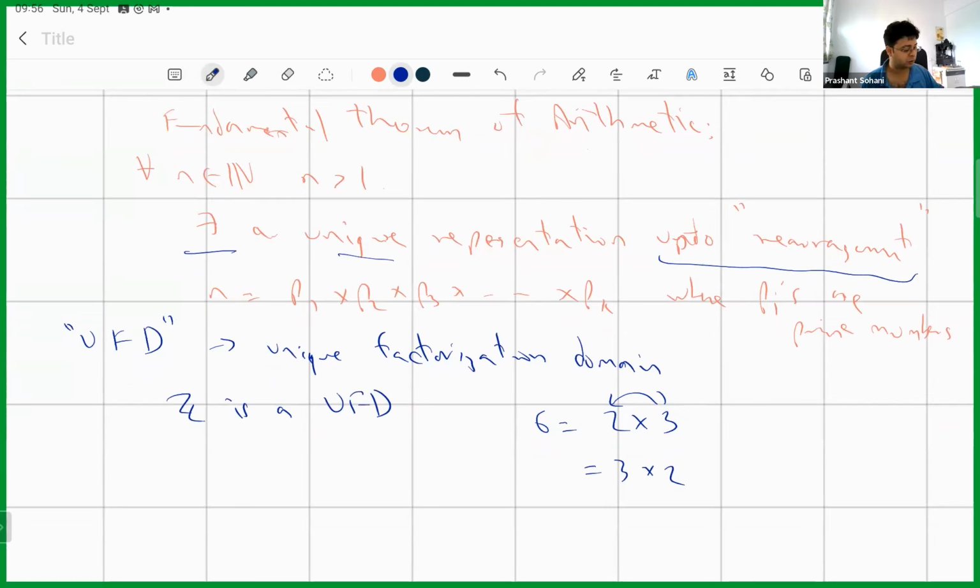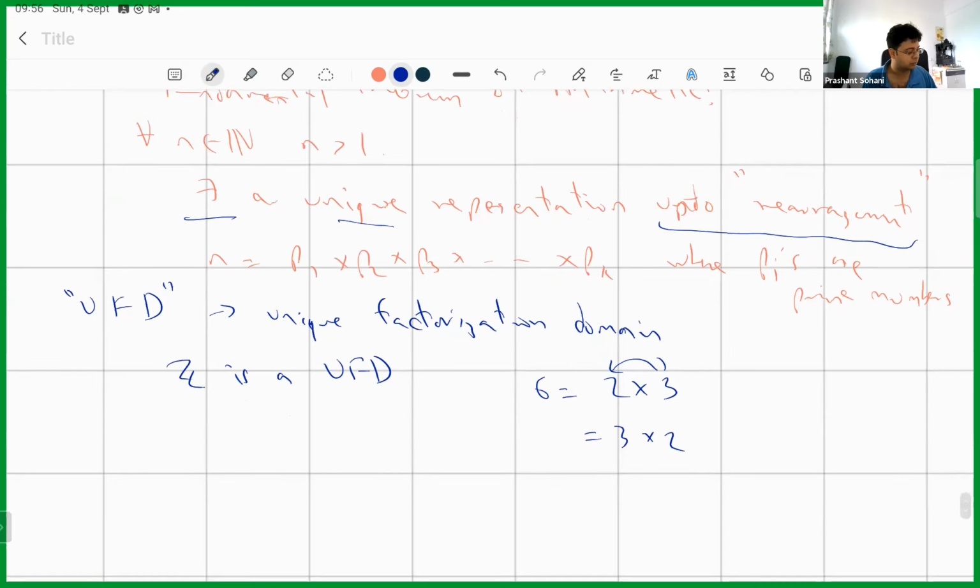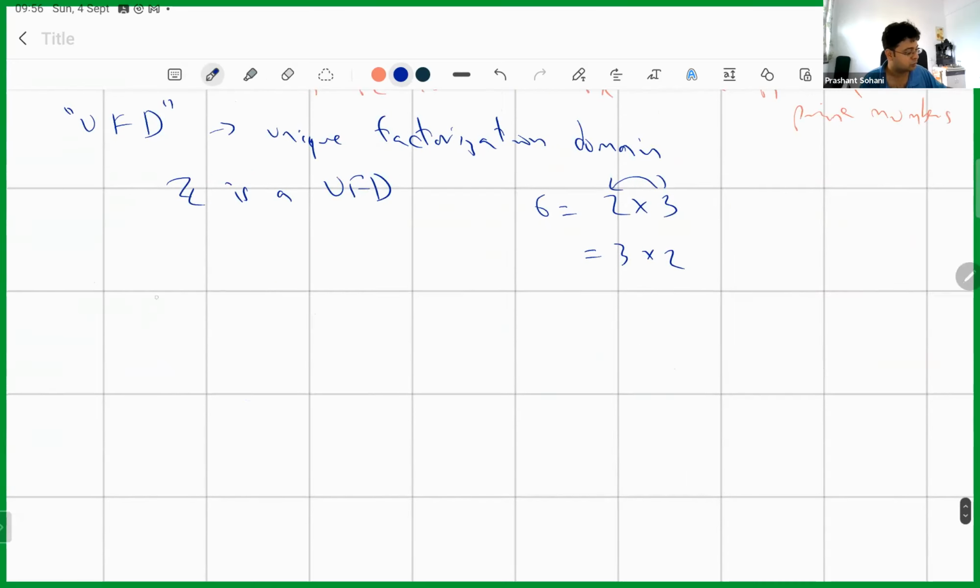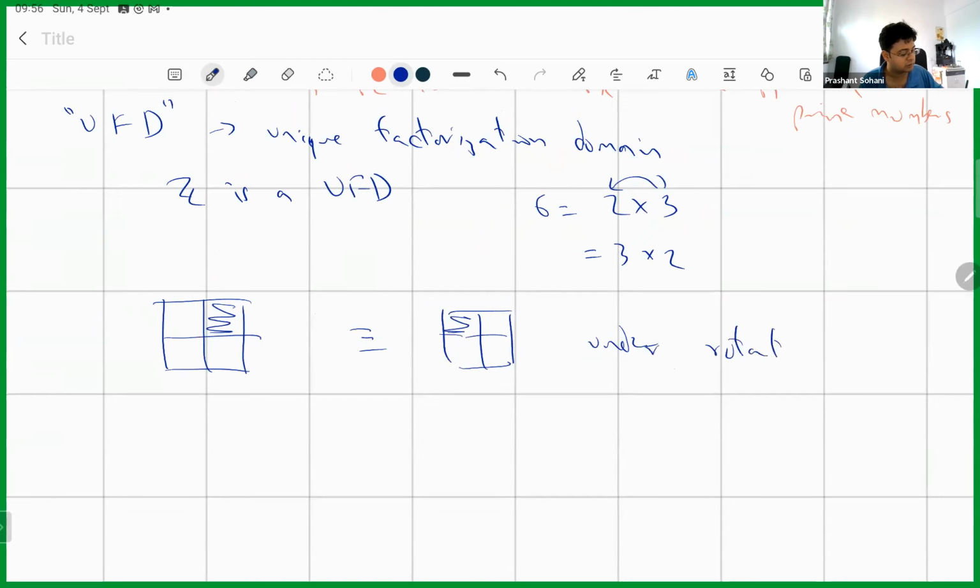There's a bit of a sidetrack here, but just to explain how this "up to" definition works. Let's say you're coloring a 2x2 board. This board is equivalent to this one under rotation. If I take the first board, I can rotate it by 90 degrees to get this board.